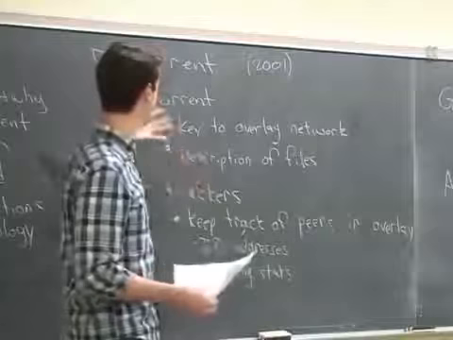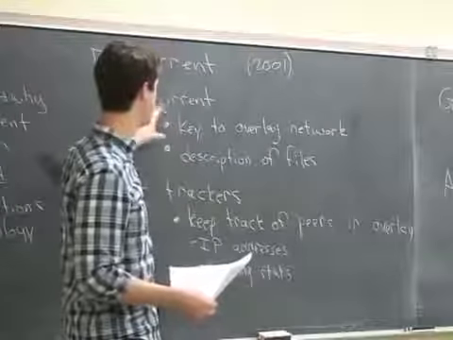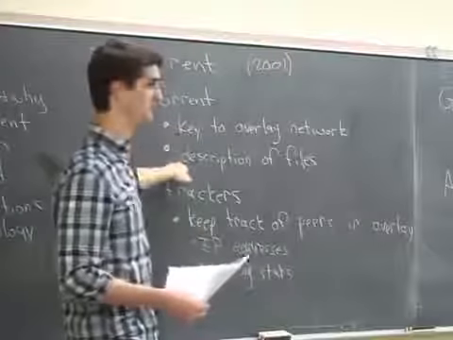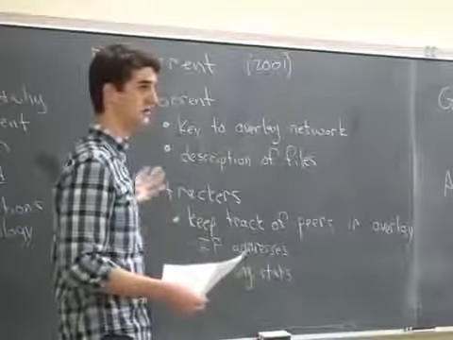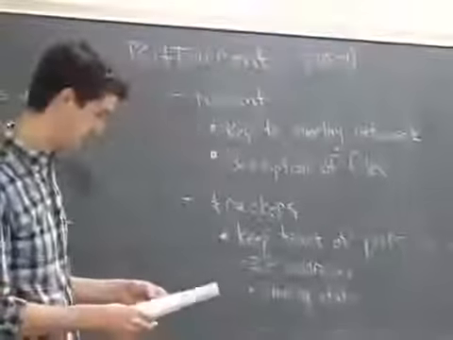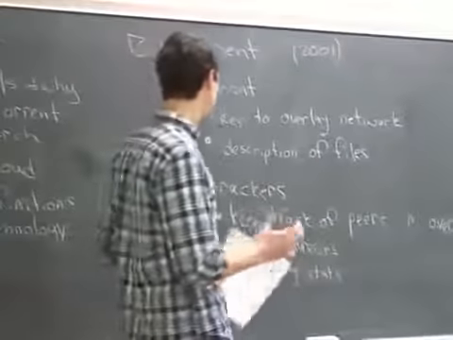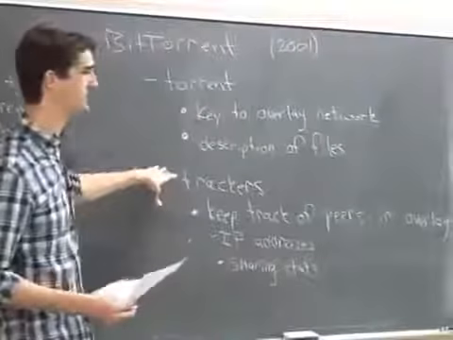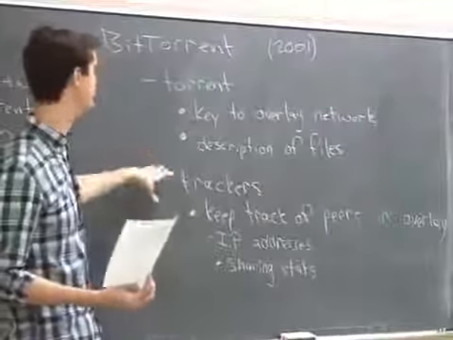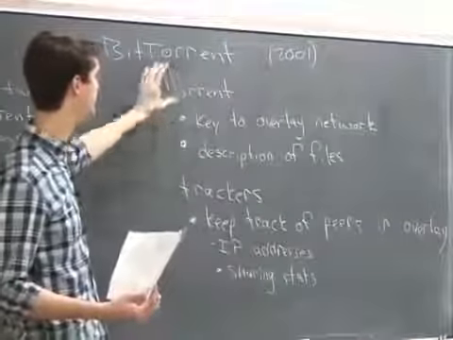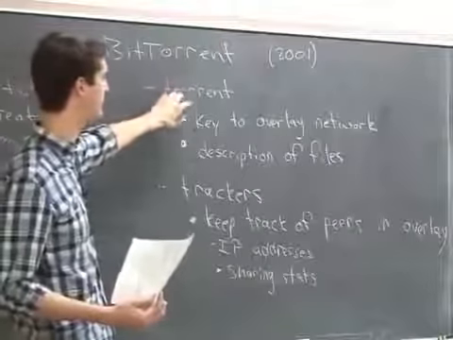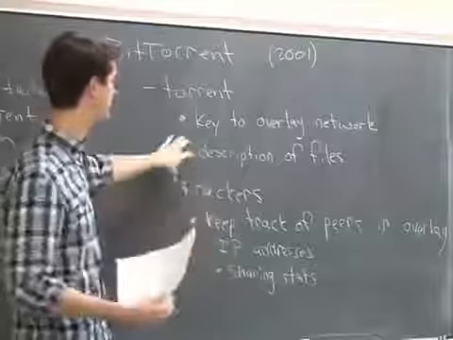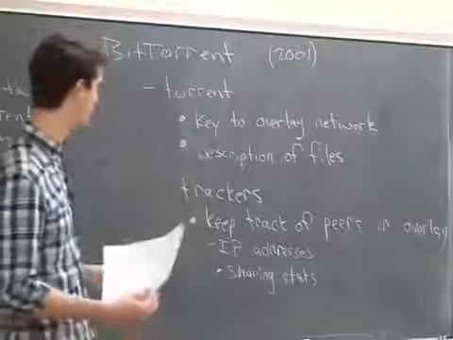Each torrent has how to get into that overlay network, and it also has a description of the files that you'll be downloading as part of this torrent, okay? All right, so now we have the basics. A tracker is a centralized node that keeps track of different torrents. Each torrent is an overlay network where the peers are sharing these files, okay?